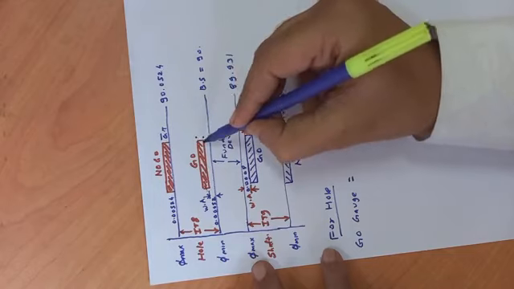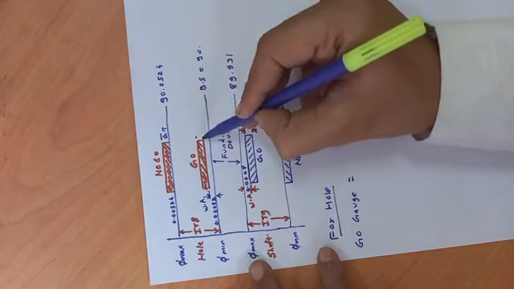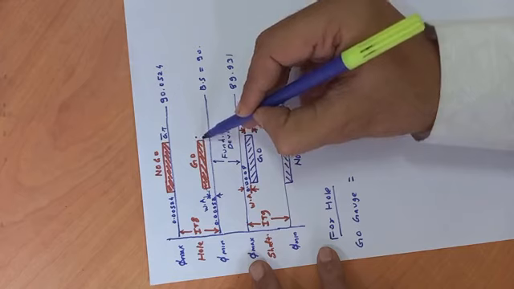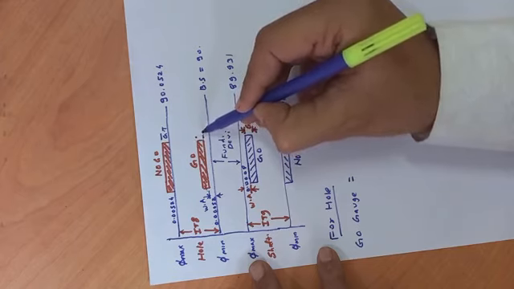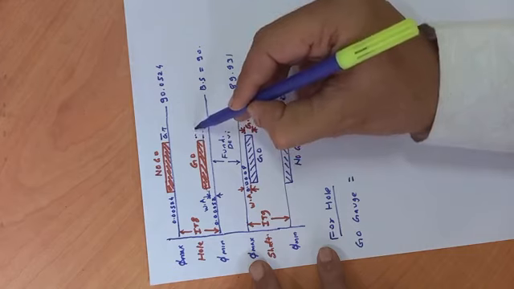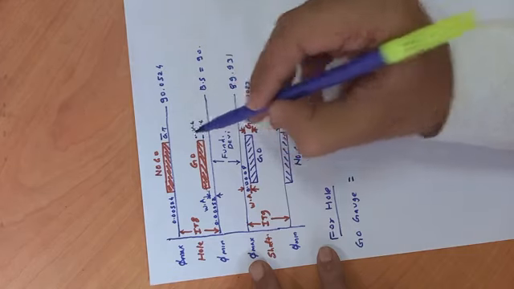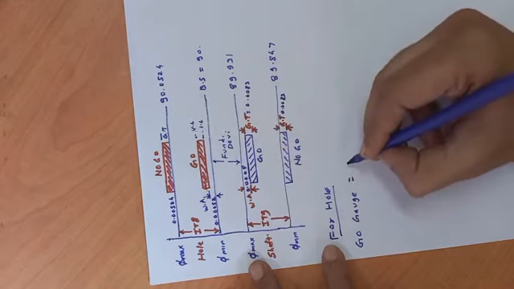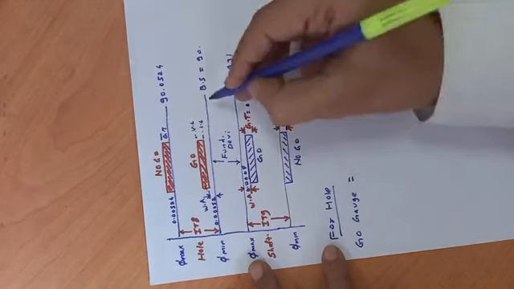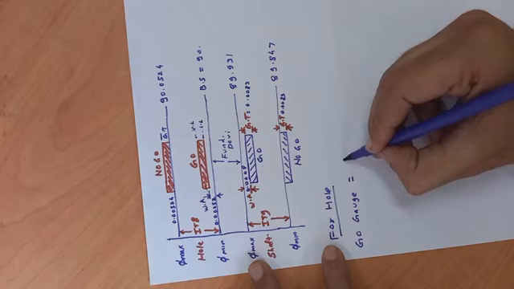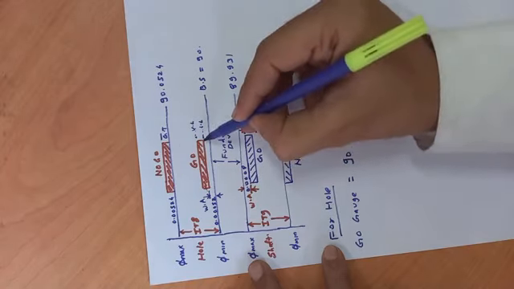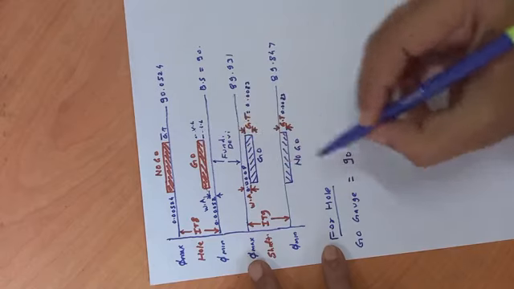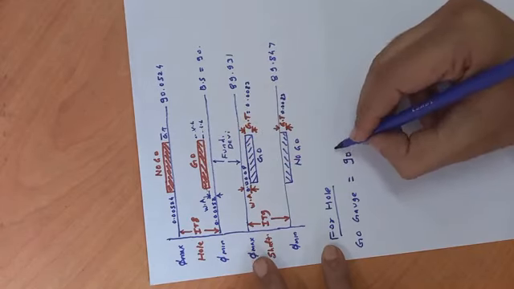This is the go gauge limit. This is the low limit and this is the high limit for go gauge. So the basic size here is 90. So the go gauge should be up to this or up to this. So both on the upper side.